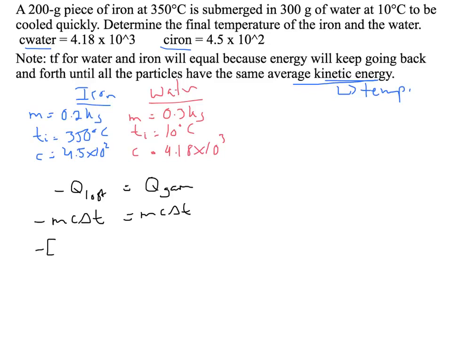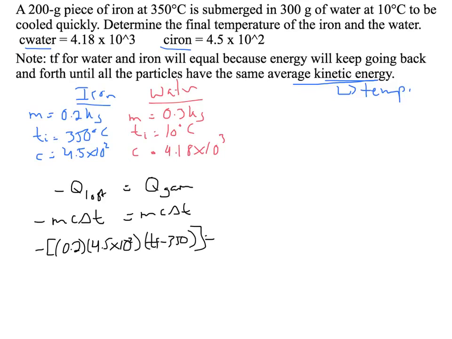We'll put some square brackets, and we'll put the mass. We know the mass is 0.2. We know the C is 4.5 times 10 to the 2. And we know delta T is TF minus 350.